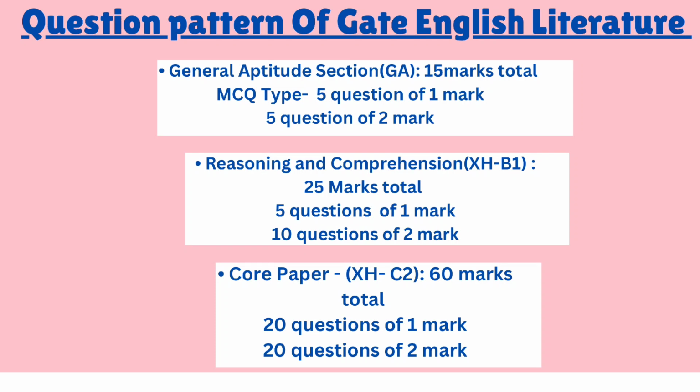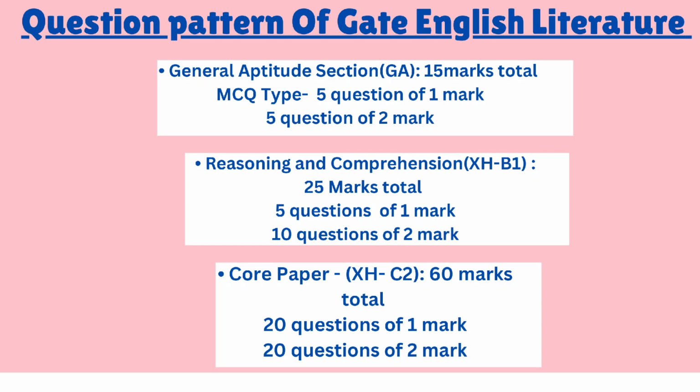So in total it becomes 15 marks. But please remember that in MCQ type questions there is negative marking, whereas in MSQ and NAT type questions there will be no negative marking. I'll be talking about these types of questions later.